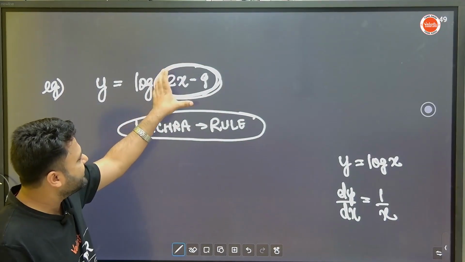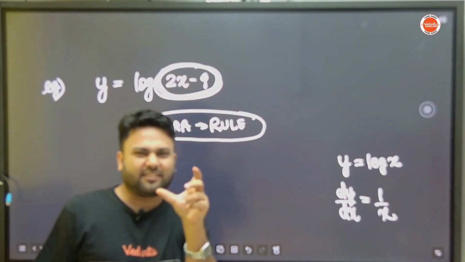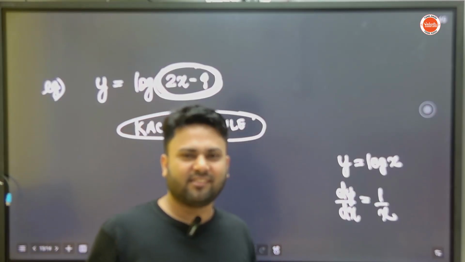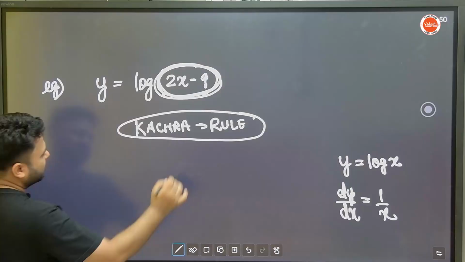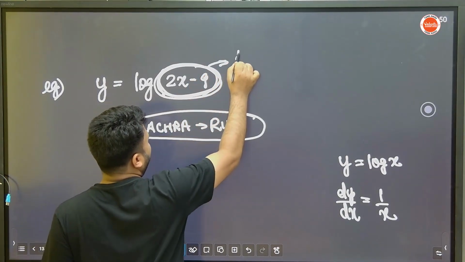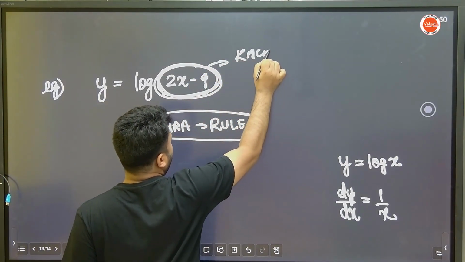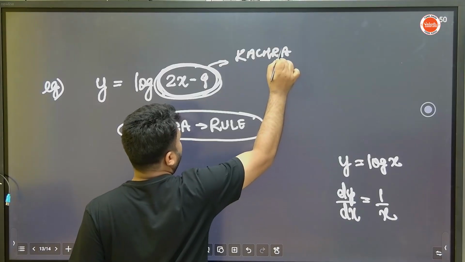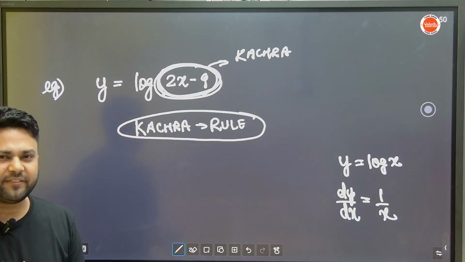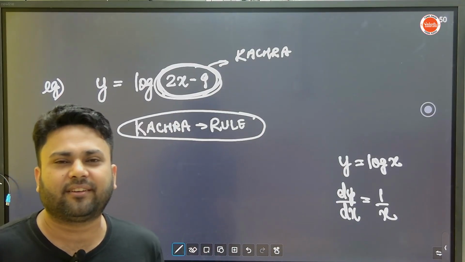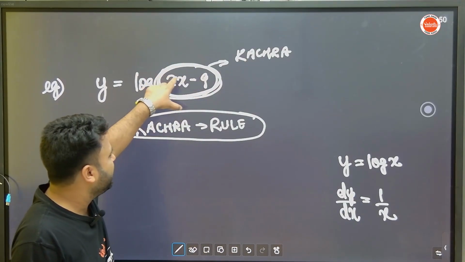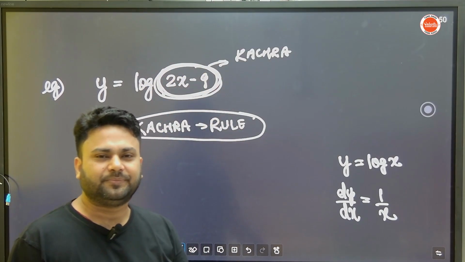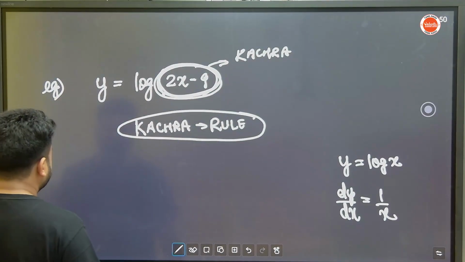This 2x minus 9, which you are finding messy, this term is our kachada. So if things are not in a direct formula, then whatever is given, we will say this is our kachada.